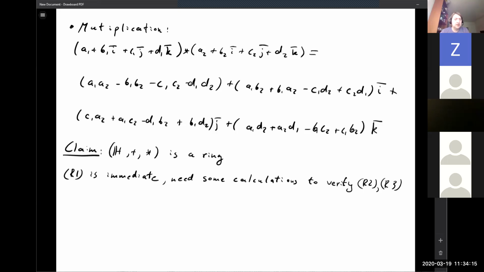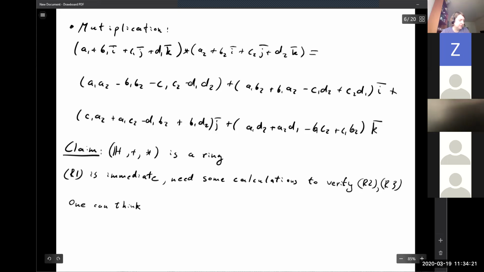And one can actually think about them as follows. If we take i squared, this is the same as j squared, which is the same as k squared. This is minus 1. You can see it directly from the multiplication formula. And this is actually the same as i multiplied by j multiplied by k.